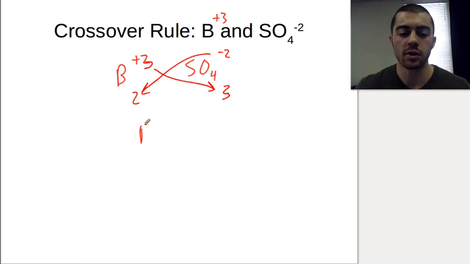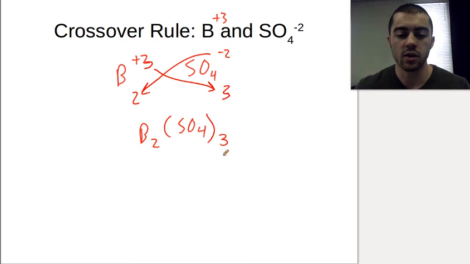So our final formula is going to be B2 and then parentheses SO4 3. So again, because we're adding a subscript here to this polyatomic ion, then we need to add the parentheses to the polyatomic to make sure that this 3 we know is applying to the whole ion and not just this oxygen. So again, here we just take the charges of each ion and then cross them down to get the subscripts for the other one.